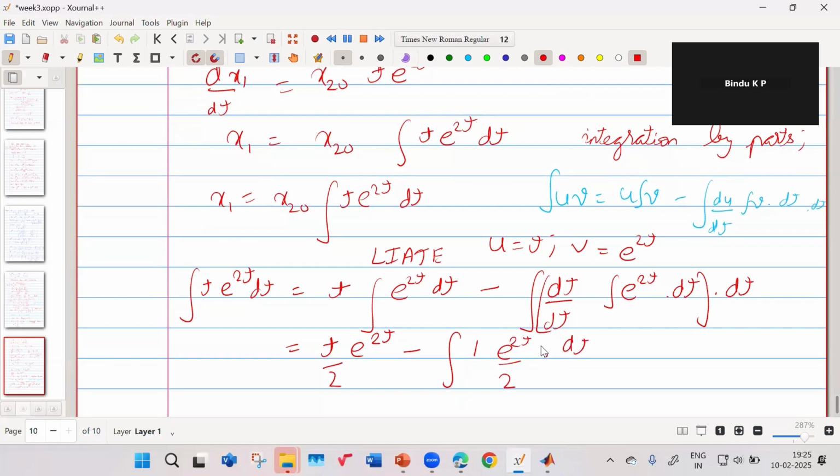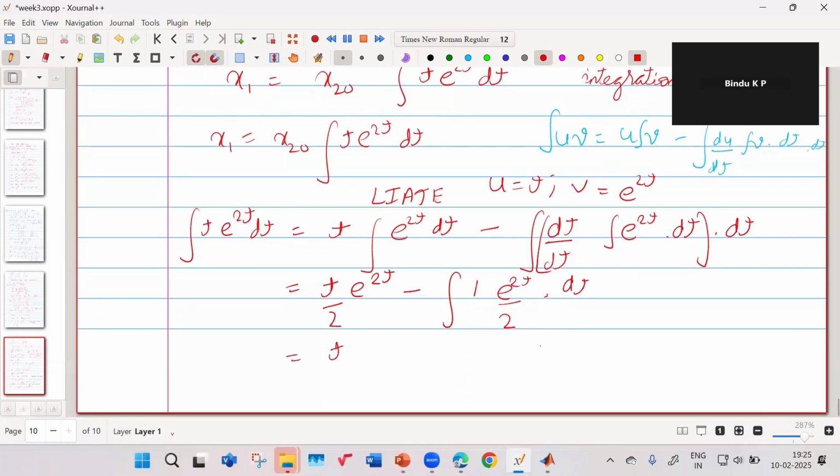That becomes t by 2 e to the power 2t minus e to the power 2t upon 4.